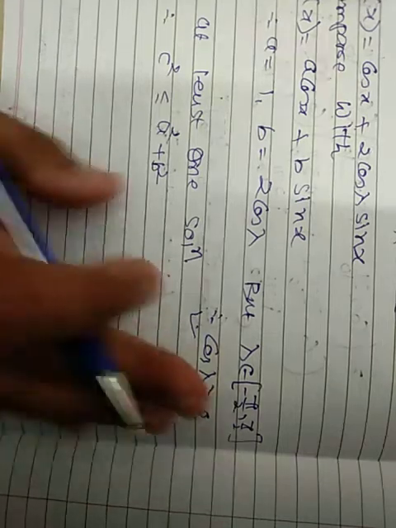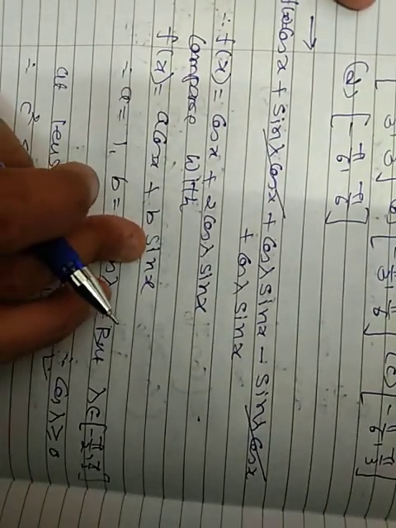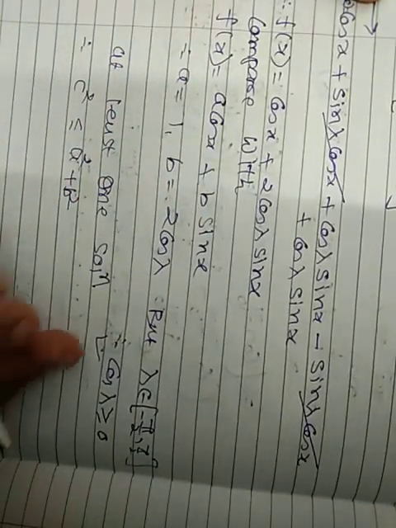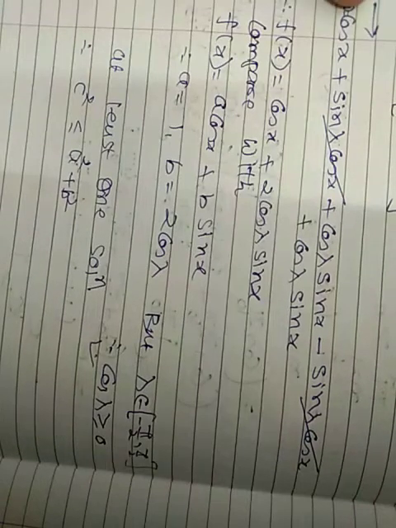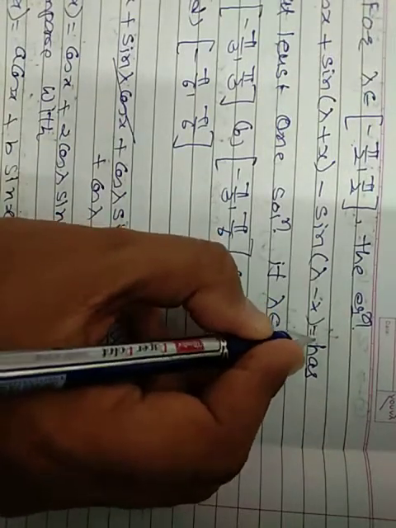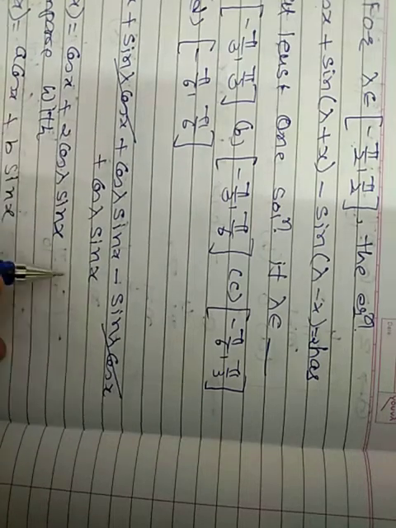This is the basic condition for a cos x plus b sin x plus c to have a solution. Here 2 is given, that's why c is equal to 2.